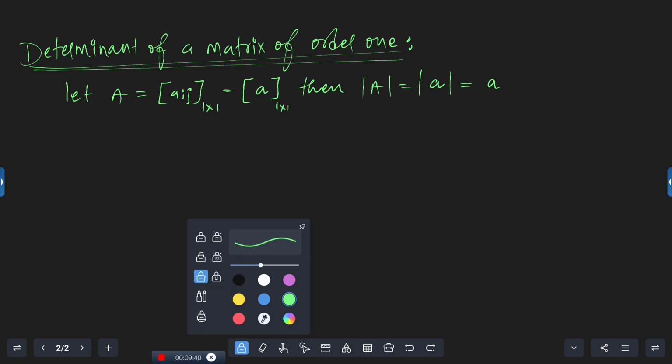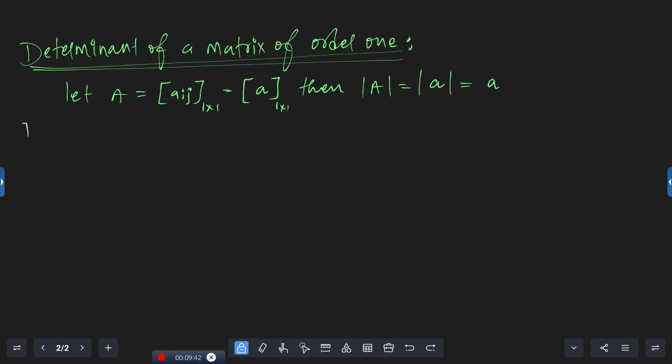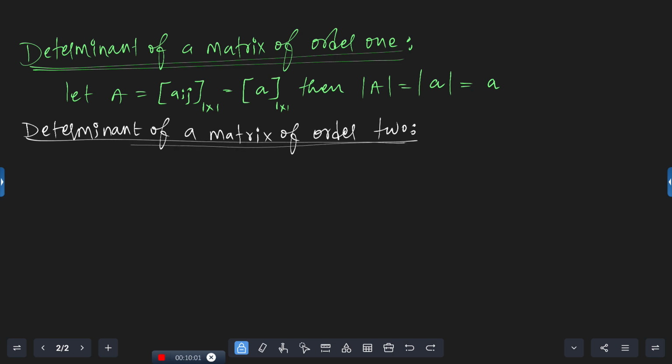And the second one, the determinant of a matrix of order 2. For order 2 there is some work, children.